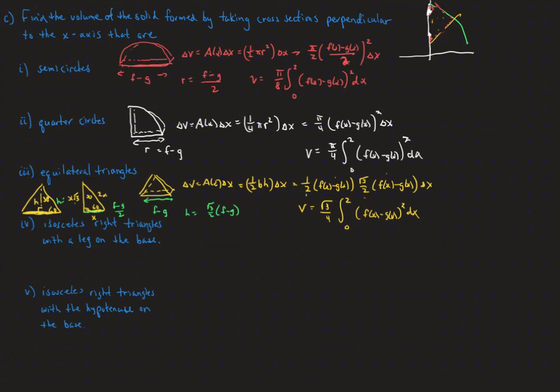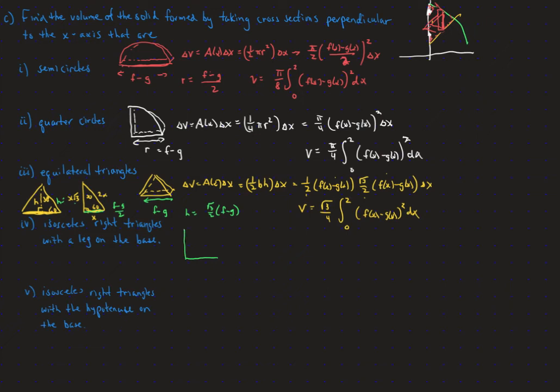So here is our rectangle, and we have a leg, so that means this is one side of our triangle. The other one's coming straight out from there, and our hypotenuse is going to come down there. So I'm going to try to draw that here. So our leg is actually on the base.